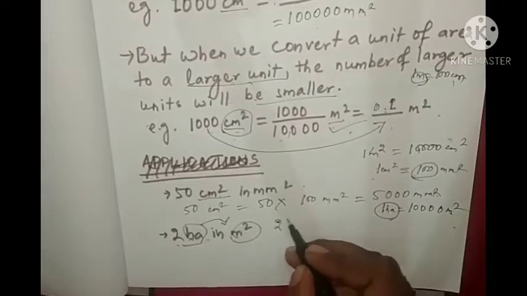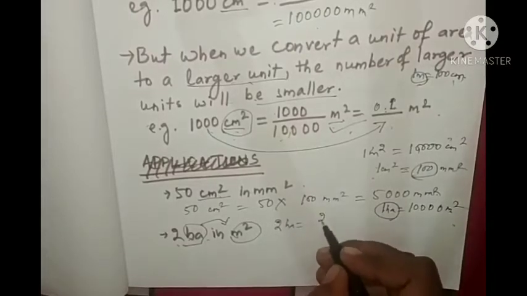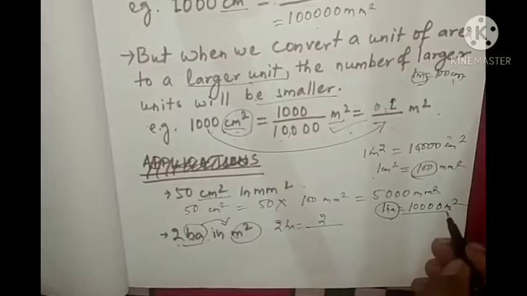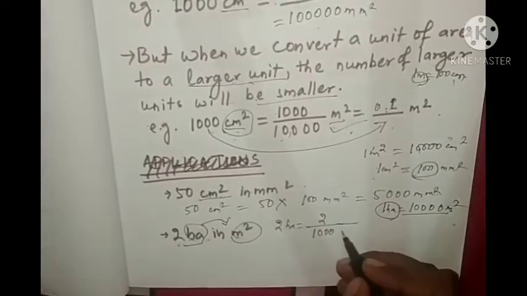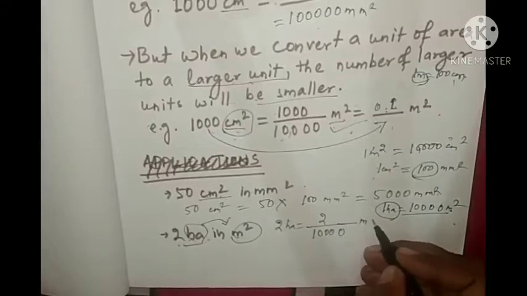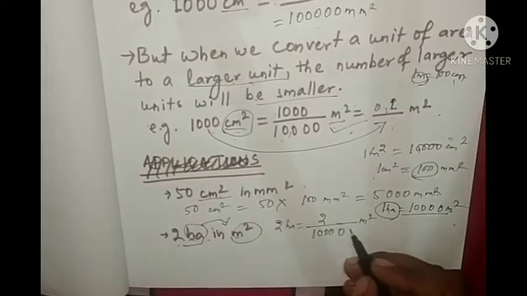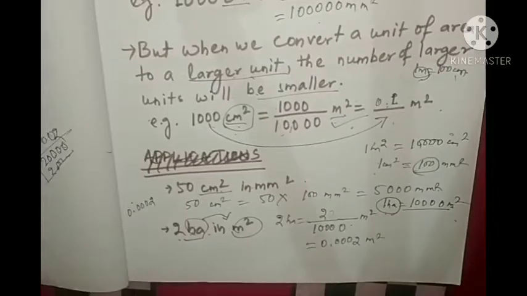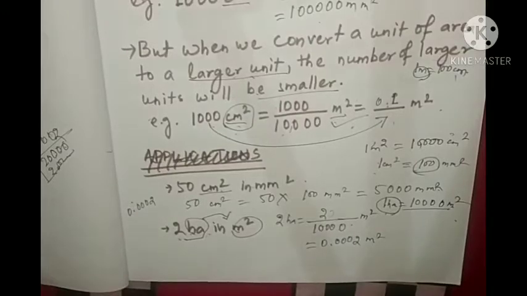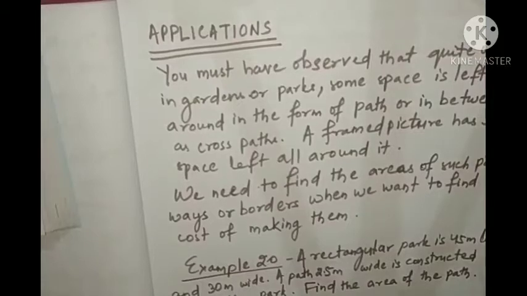So 2 square meter equal to 2 by, we are dividing how much? 10,000. So look at here, how much we got? The answer is 0.0002 hectare. So this is about conversion. Okay. Next we will see applications.